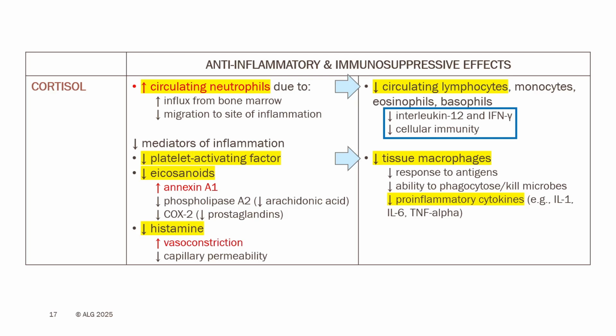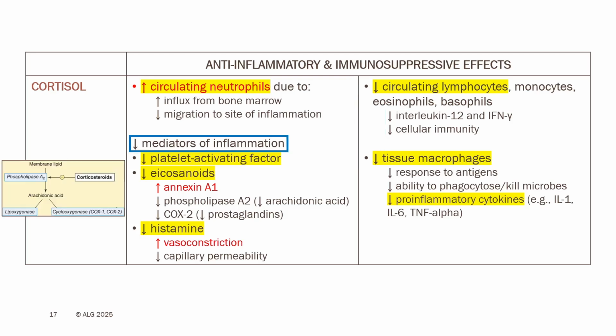Cortisol inhibits a wide range of inflammatory mediators, such as platelet activating factor, eicosanoids, and histamine. So, corticosteroids inhibit platelet activating factor and eicosanoids by increasing the synthesis of annexin A1.